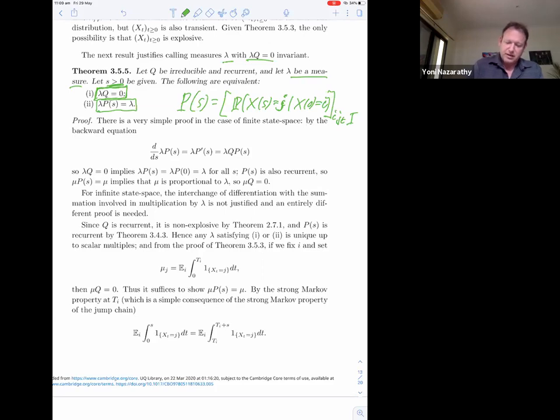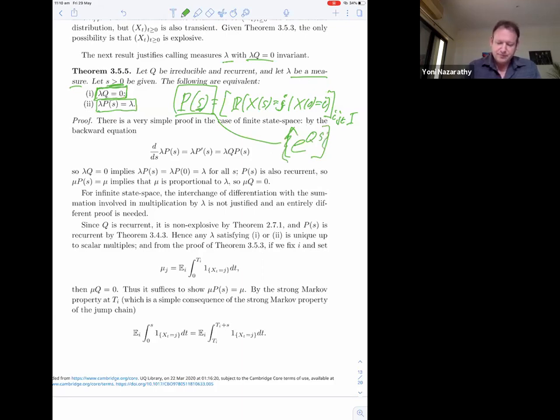That's the transition probability matrix of, you could say, the discrete time chain that takes jumps of size s, the probability of going from state i to state j. You know how to compute these for finite state spaces: you do e to the power Qs. That's what P of s is.